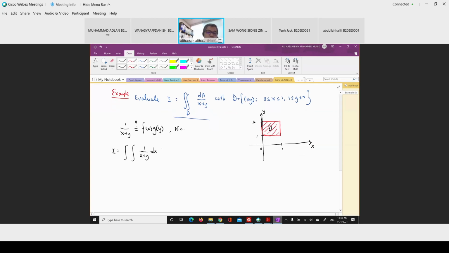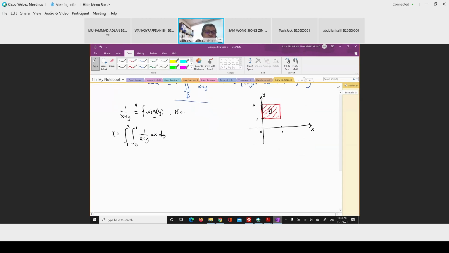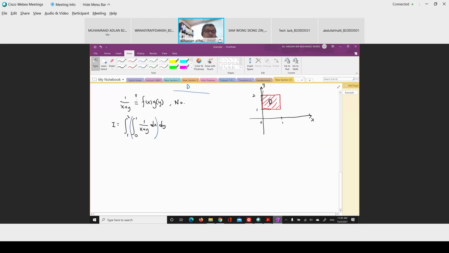The inner integral has limits for x. x is between 0 and 1. And the outer integral has limits with respect to y. y is between 1 and 2. Okay, what is this? So let's evaluate the inner integral first.